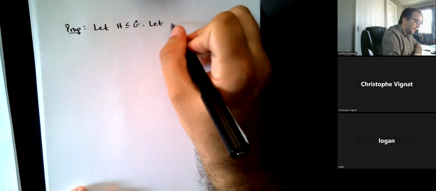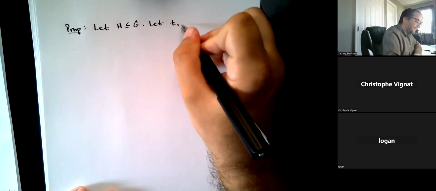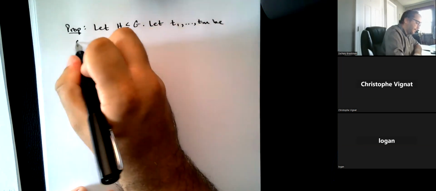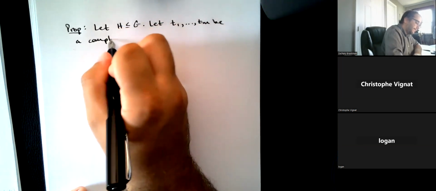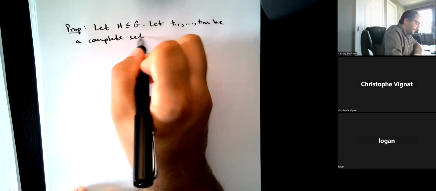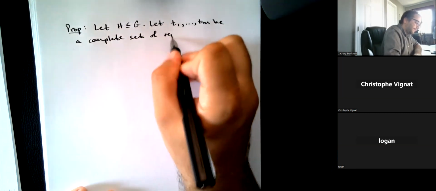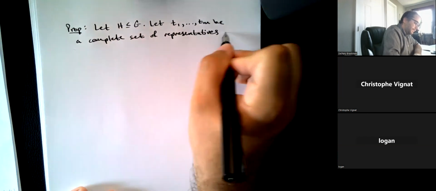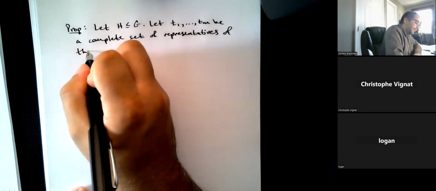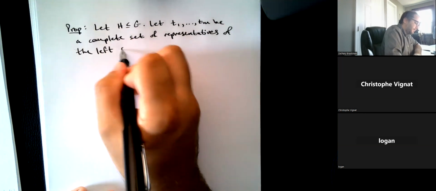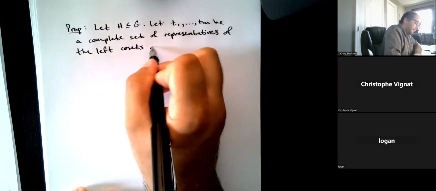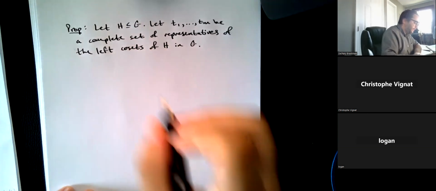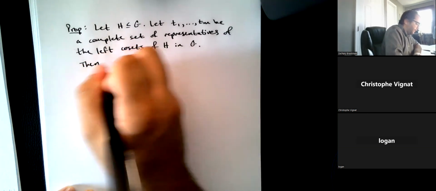I'll probably continue to write it, but let T1 through Tm be a complete set of representatives of the left cosets of H in G. Okay, then the following holds.